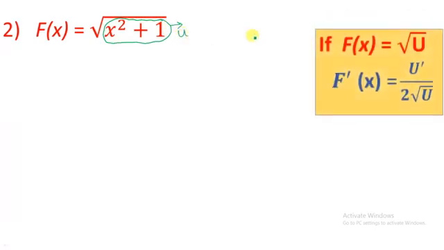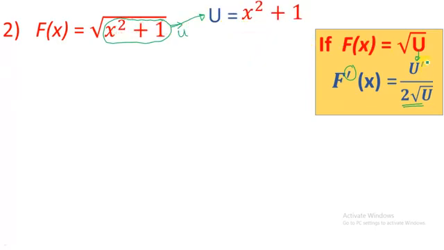So if you remember the rule of radical, then we say if f of x equals radical u, then the derivative of f of x is u prime over 2 radical u. So we will suppose that the quantity under radical is u, then u equals x squared plus 1.